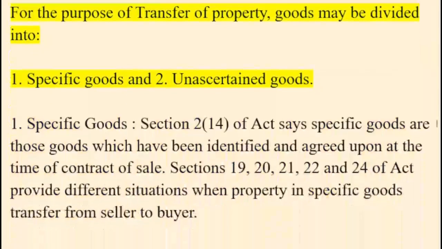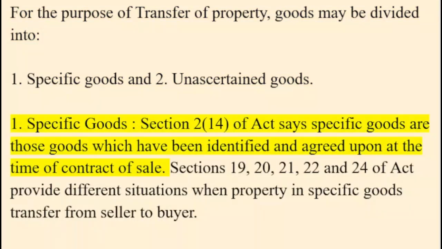For the purpose of transfer of property, goods may be divided into 1. Specific goods and 2. Unascertained goods. 1. Specific goods. Section 2(14) of the Act says specific goods are those goods which have been identified and agreed upon at the time of the contract of sale.